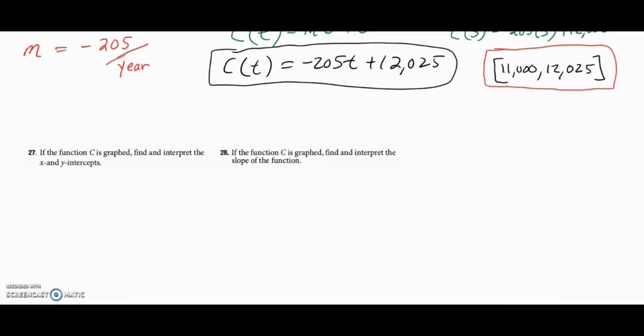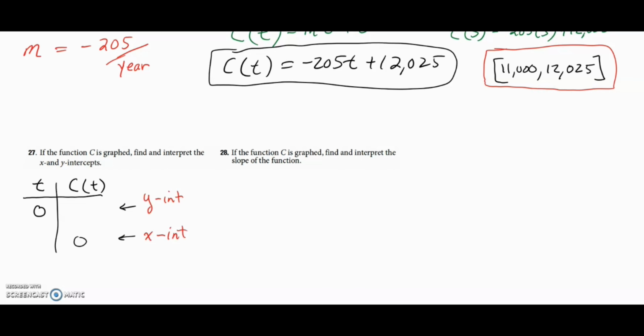Let's take a look at the next two parts here. So if the function c is graphed, I want to find and interpret the x and y intercept. One of the things we can certainly do is create a table of values to find the x and y intercept, and we'll graph it. We'll make sure that it matches. Here's our plan.